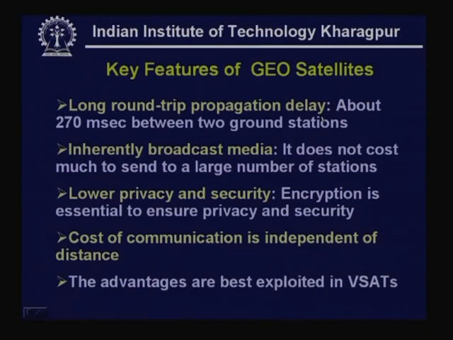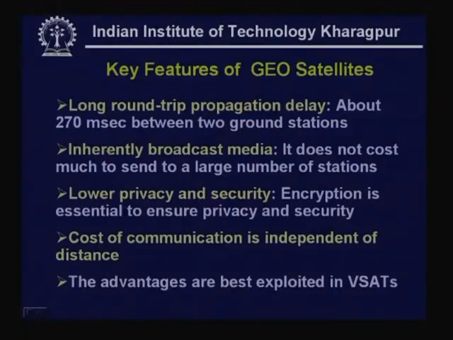As you know the distance is about 36,000 kilometer, and the electromagnetic radiation goes from the surface of earth to the satellite and comes back at the speed of light, which is 3 into 10 to the power 8 meter per second. So, even with that speed it takes about 270 millisecond between two ground stations. That means, the round trip delay is 270 milliseconds.